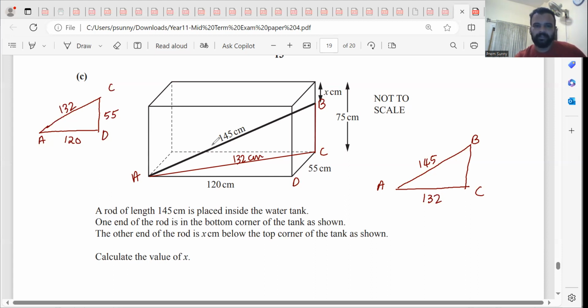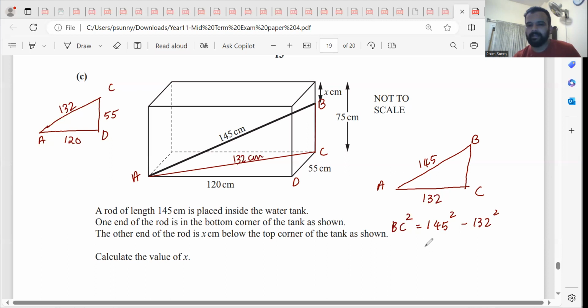Now, considering this right angle triangle ABC, I have hypotenuse 145. I have the base 132. I can find out BC using Pythagoras theorem. So BC square is equal to 145 square minus 132 square.